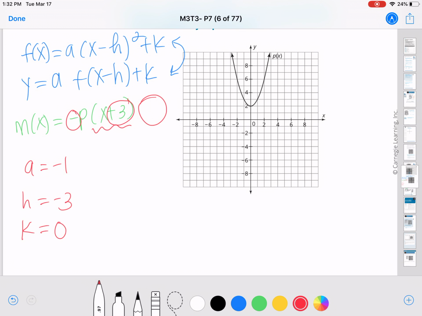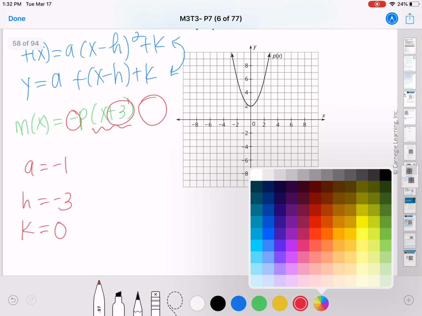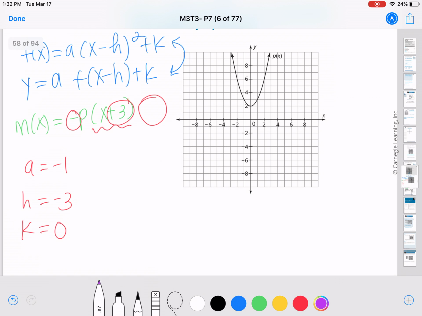Next step is to describe your transformations. So my a value is negative 1. If you have an a value that's negative, that's going to give you a reflection. So I'm going to say this is a reflection across the x-axis.